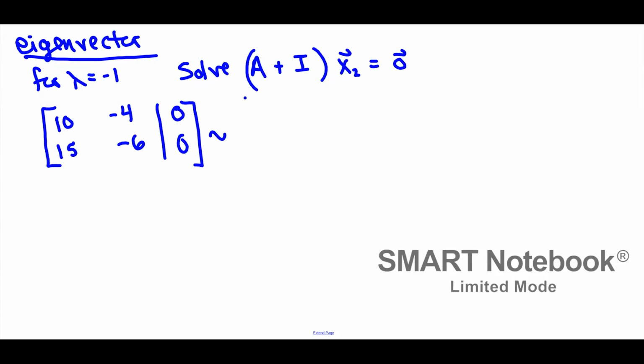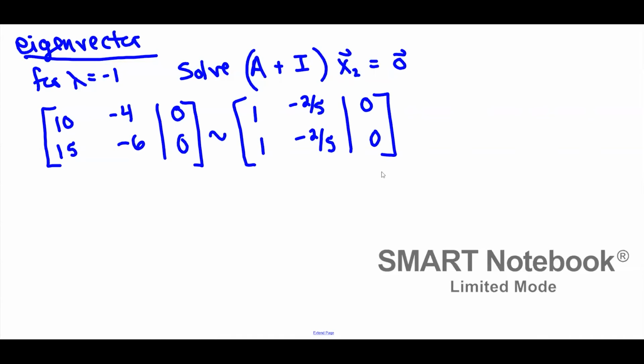Now we just need to row reduce this. So we'll do the same thing. We'll divide by 10. -4/10, that's -2/5. Let's divide this by 15. It's going to make that a 1. -6/15, that's also -2/5 if you divide the top and bottom by 3.